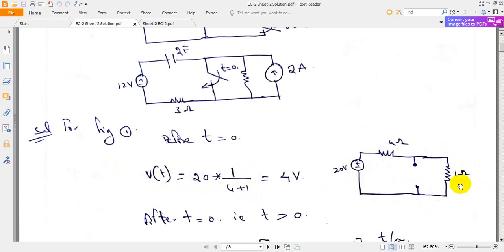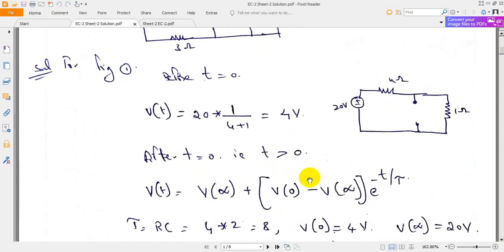By voltage division, we are finding the voltage at this point, which is equal to the voltage across this capacitor, which is now open. It is equal to the total voltage into the resistance across which we evaluate, divided by the total resistance, 4 plus 1. You will get 20 by 5, which is 4 volts. This forms your voltage before t equal to 0.